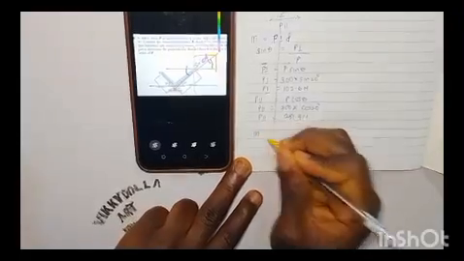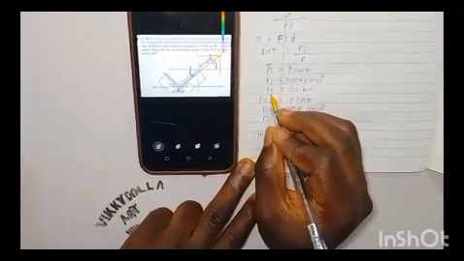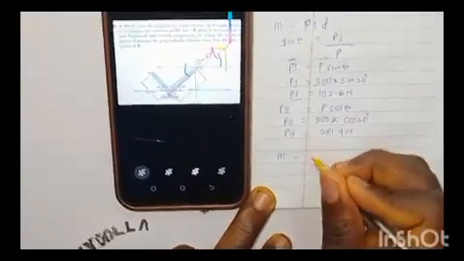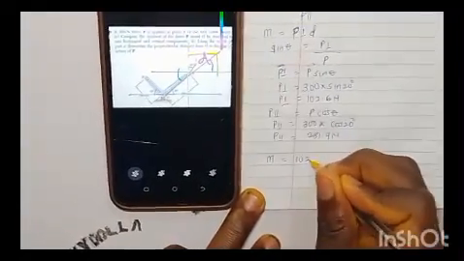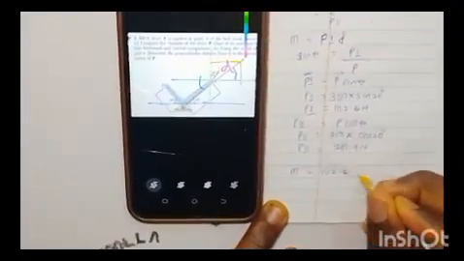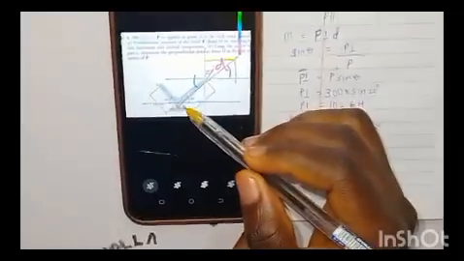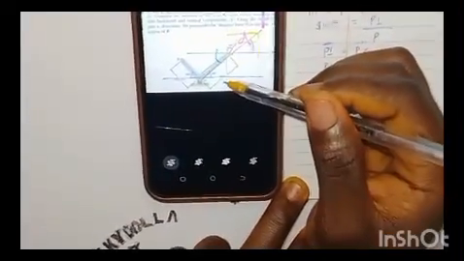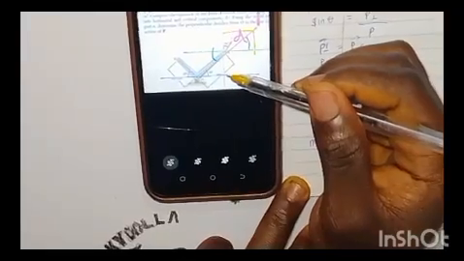Now, you know our moment is the product of force and perpendicular distance. So our moment will be this force that is perpendicular, which is 102.6 Newton, times this distance. This is our distance from O to A, which is 200 millimeter, and we know 1000 millimeter is equivalent to 1 meter.